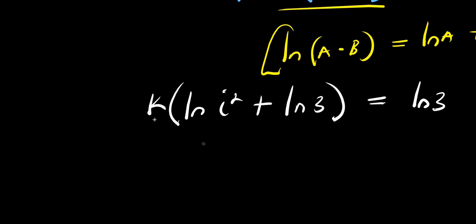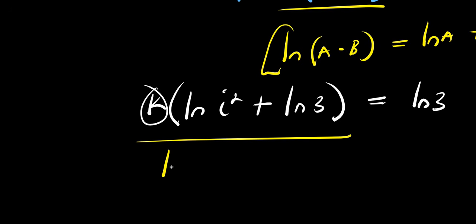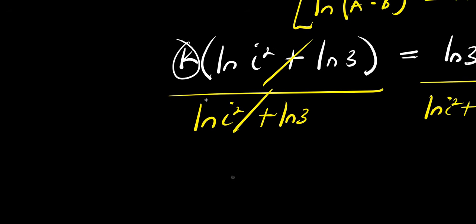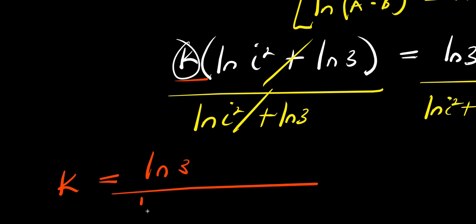So right now, I want to isolate k. I divide this by natural log of i^2 plus natural log of 3, and I divide this by natural log of i^2 plus natural log of 3. This cancels this. So what I have left is just my k equals natural log of 3 divided by (natural log of i^2 plus natural log of 3).